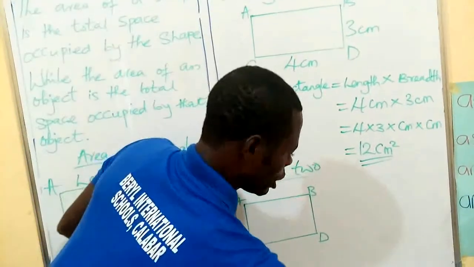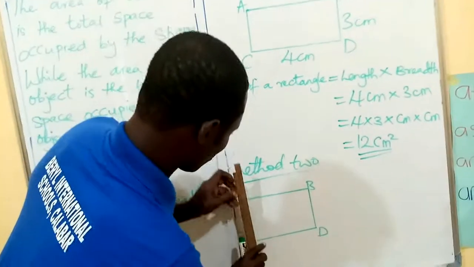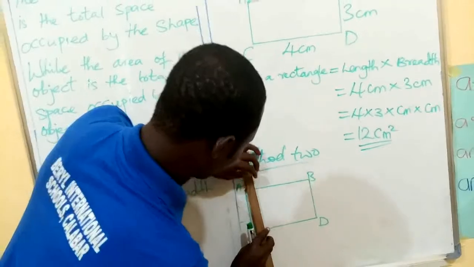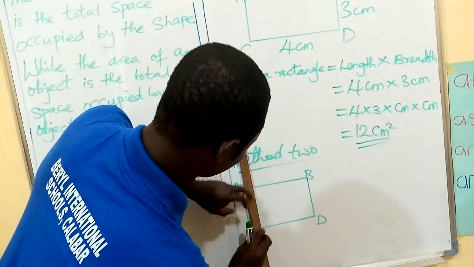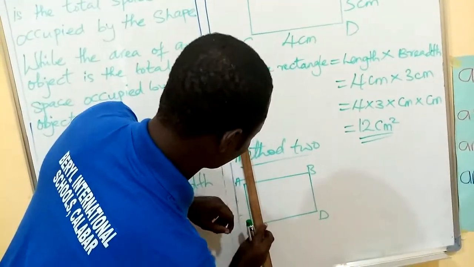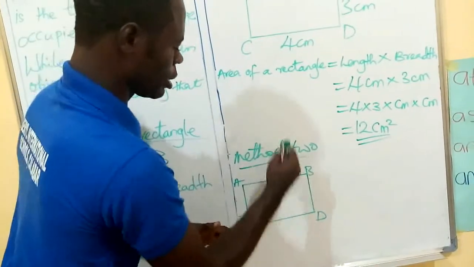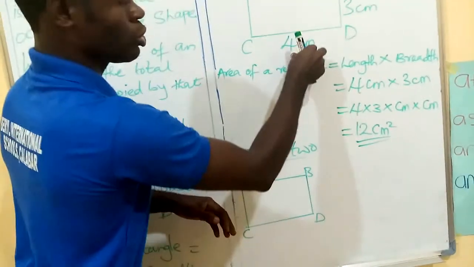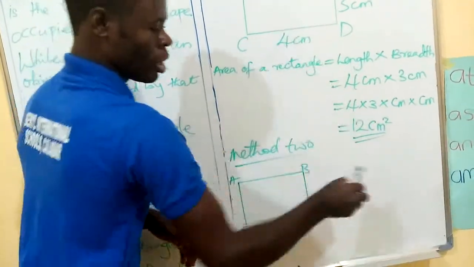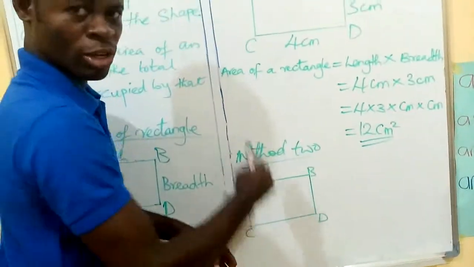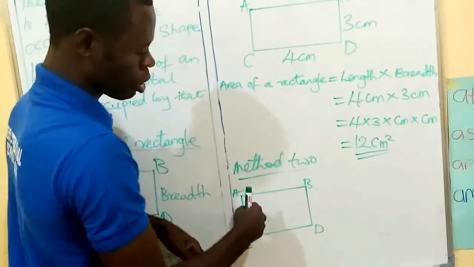So what you do is, you draw a vertical line from the length up to the length down. All we want to do now is to split this other side into 4. Since we have 4 centimeters here, we are going to split it like a fraction. We are going to divide it into 4 equal parts.